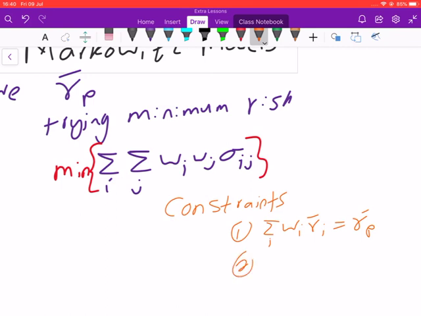The other constraint is the weight of your portfolio. The weights should equal 1, right?